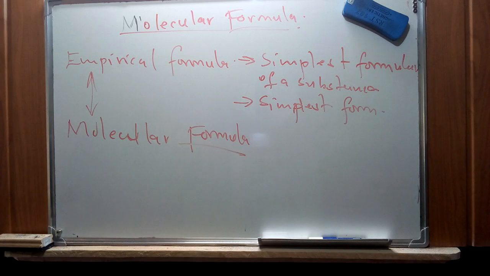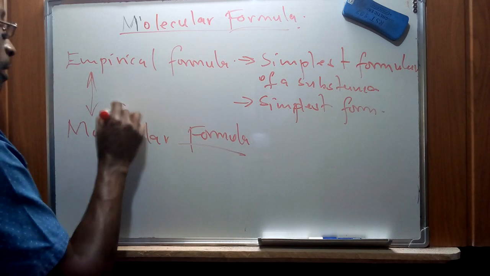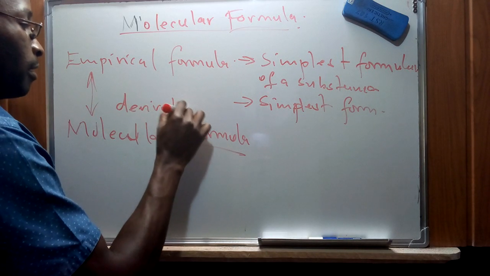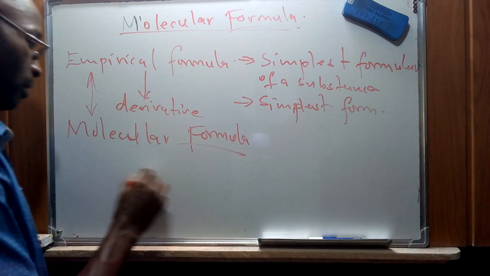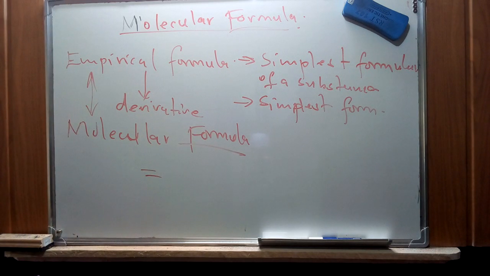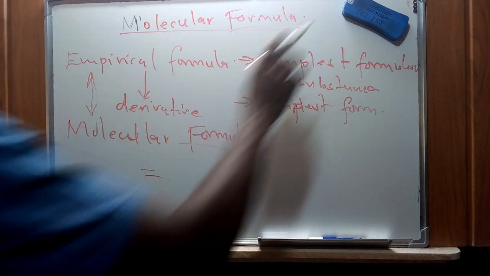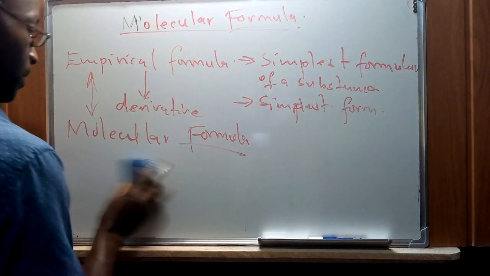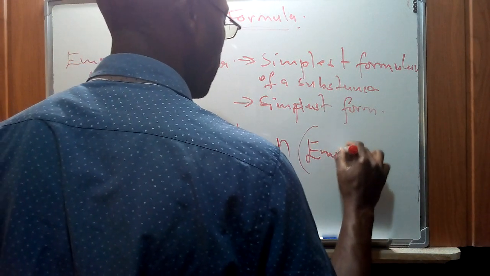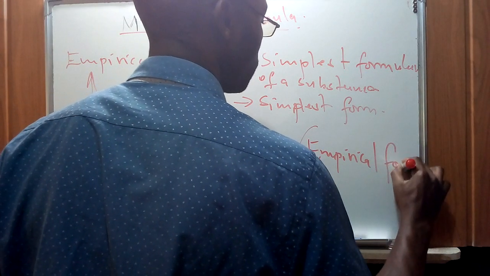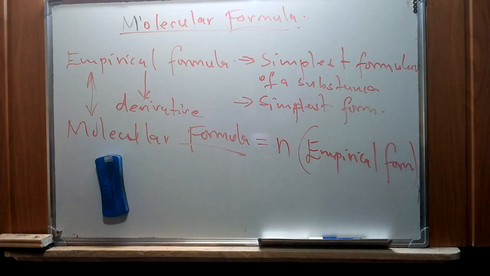Now the molecular formula is basically a derivative of the empirical formula, in a sense that there's a relationship, whereby the molecular formula can be represented as n times the empirical formula, where n is a whole number, of course.